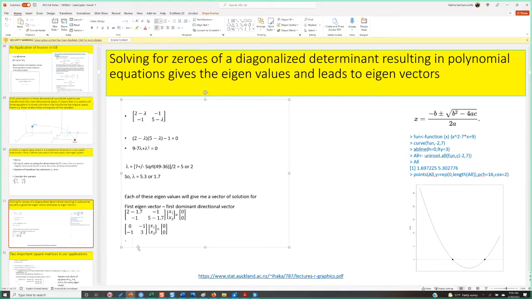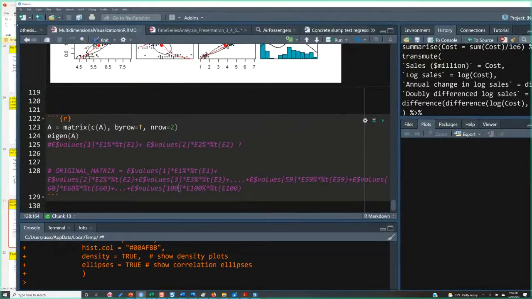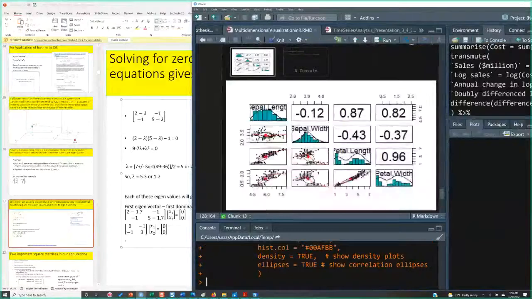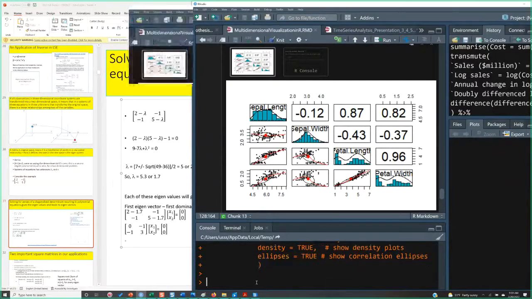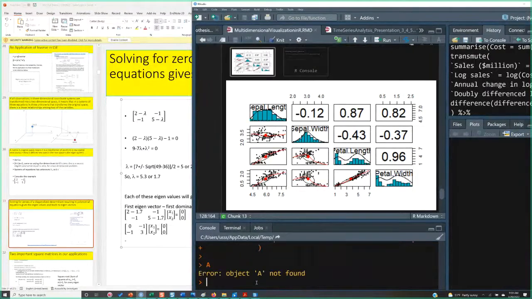Okay. So let's just do the same thing in R and let's see what that eigenvector is, okay? Yeah, sure. Okay, so I do this. Let's define A. There is nothing there.